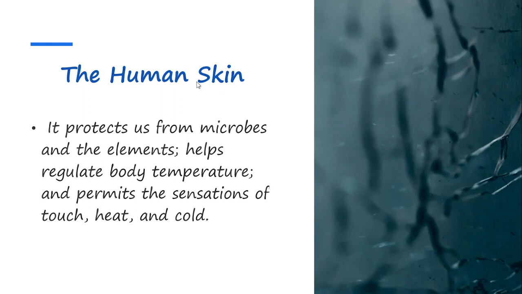It protects us from microbes and the elements. These are the basic functions of the human skin. It also helps to regulate the body temperature and permits the sensations of touch, heat, and cold.